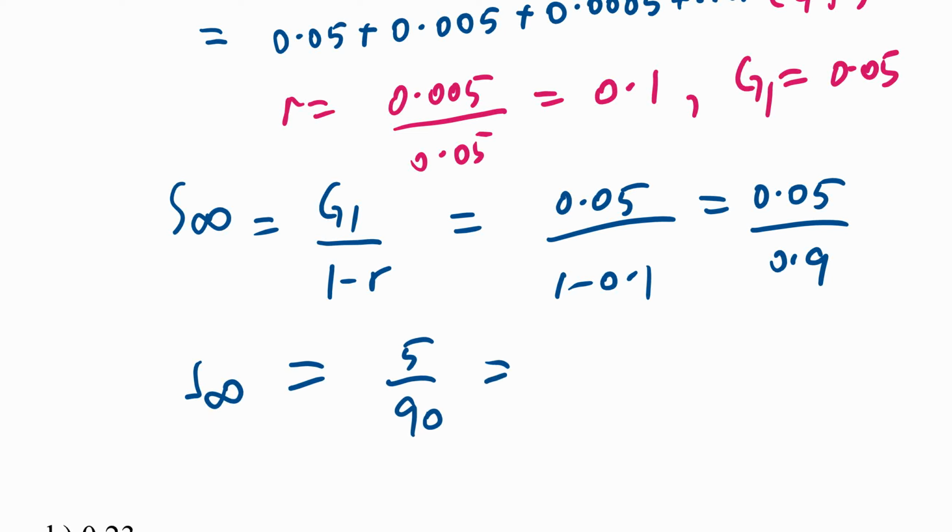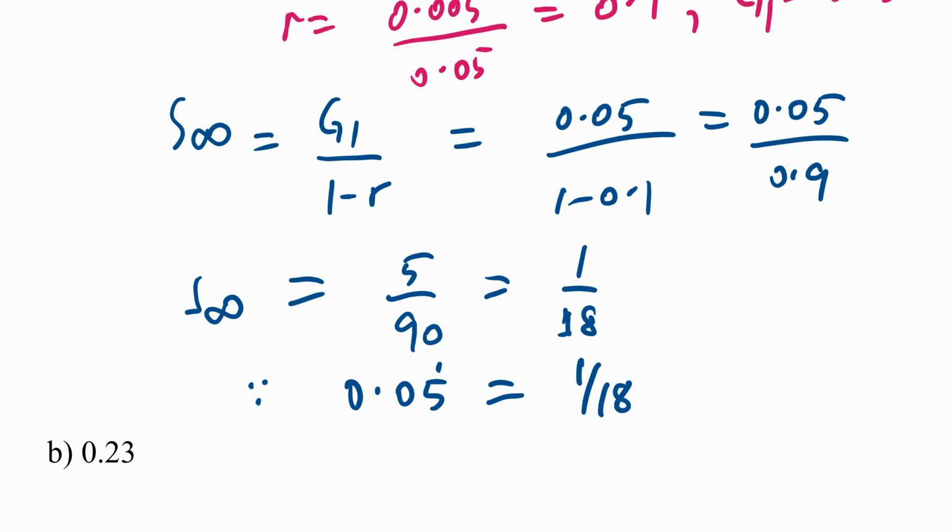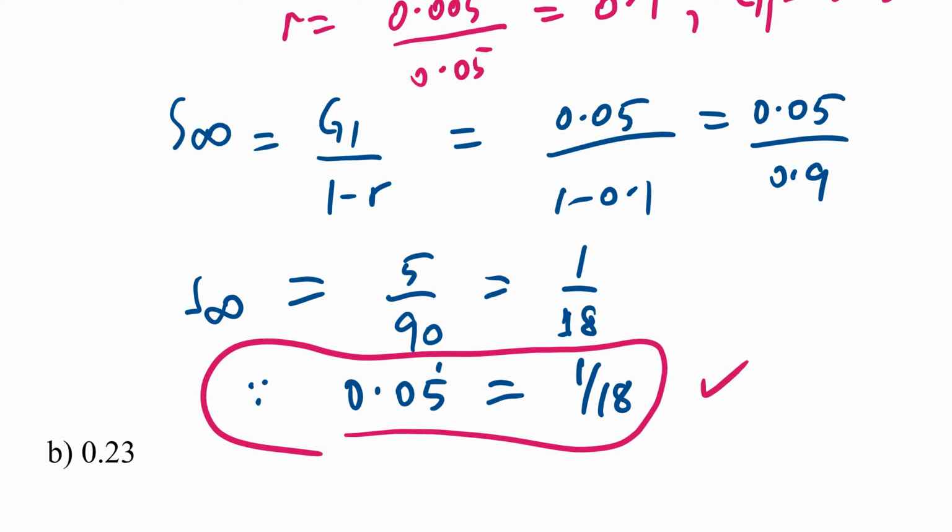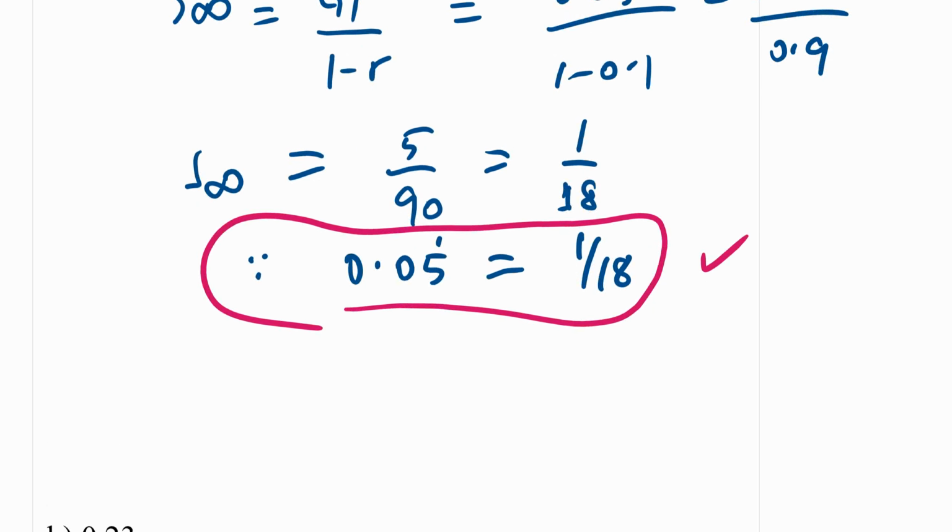You simplify, you get 1 over 18. Therefore, 0.05 repeating is equal to 1 over 18. This is how we convert given decimals into fractions.